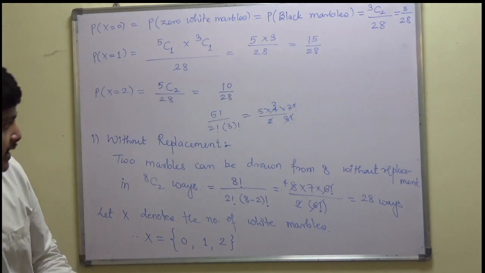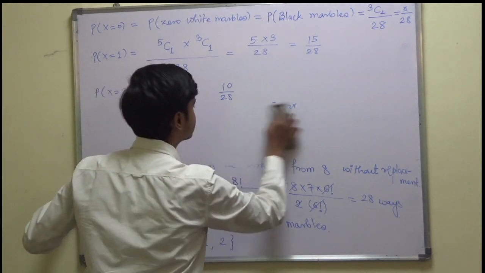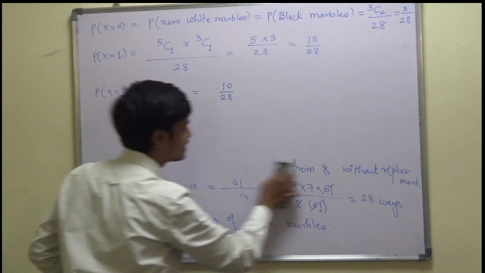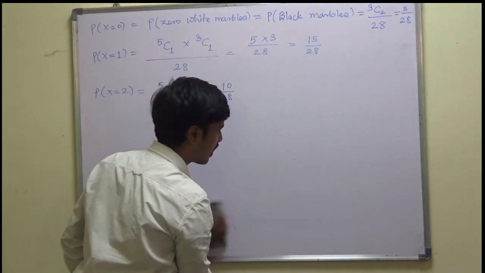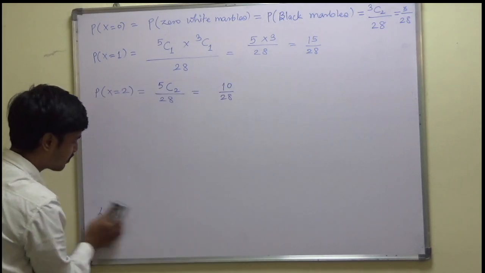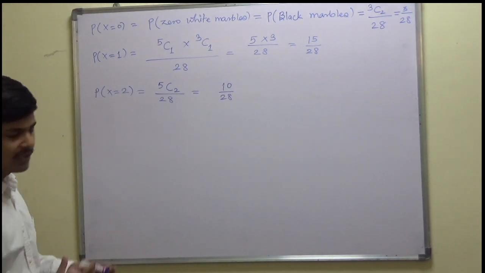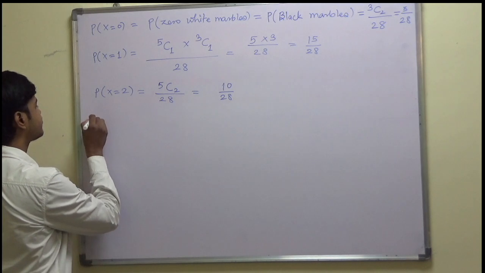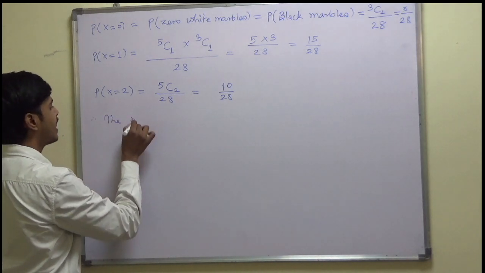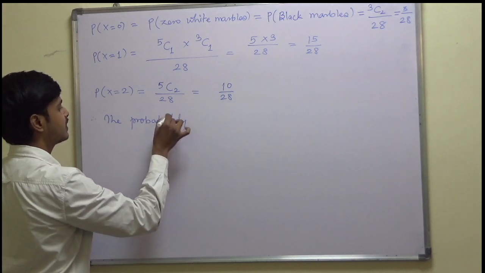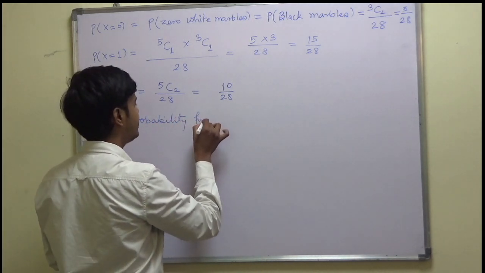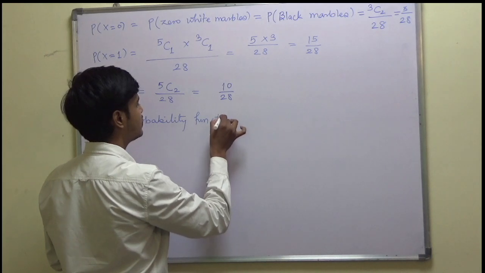Okay, so we got the probability for all these. Let us write down the probability function. How can one write the probability function? It's very simple. You just need to draw the table.